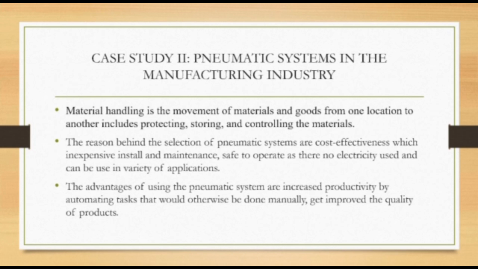The reason behind the selection of pneumatic systems is cost effectiveness, which is inexpensive to install and maintain, safe to operate as no electricity is used, and usable in a variety of applications. The advantages of using pneumatic systems are increased productivity by automating tasks that would otherwise be done manually, and improved quality of product.